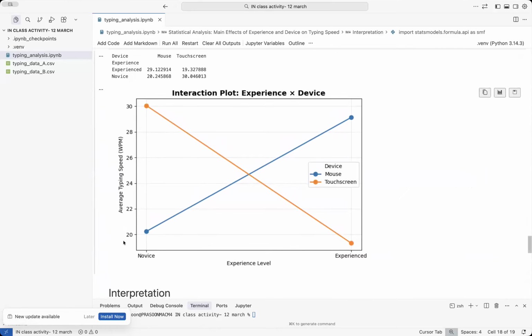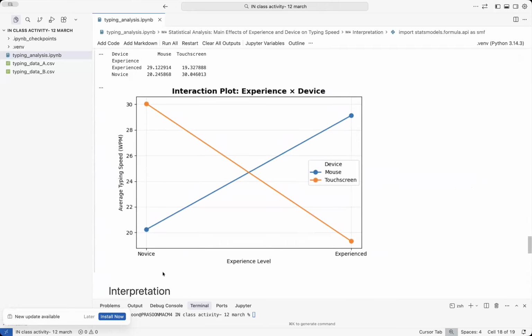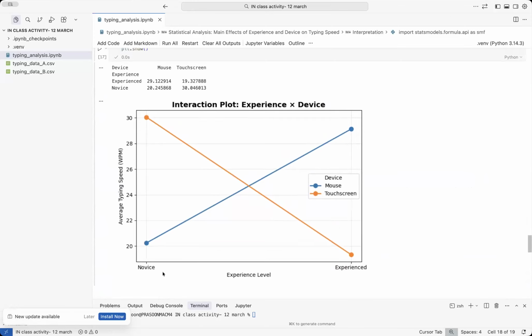Yeah, so for novices, switching the device to touch screen gets you about 10 characters per minute faster. Okay, so this is how you read these coefficients.